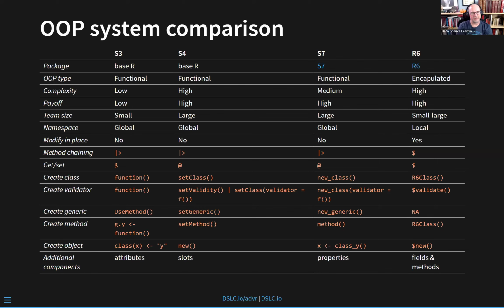You can have a property that calculates when you access it with the @, and therefore could act kind of encapsulated. And actually, you could have R6 objects as properties on S7 objects, which would be really interesting.